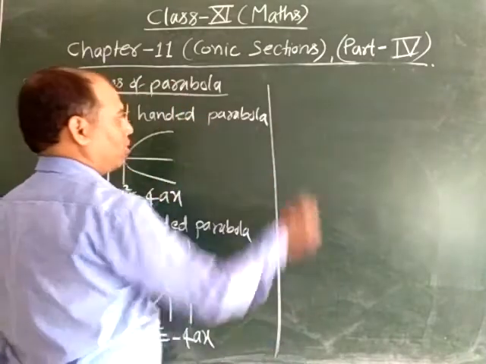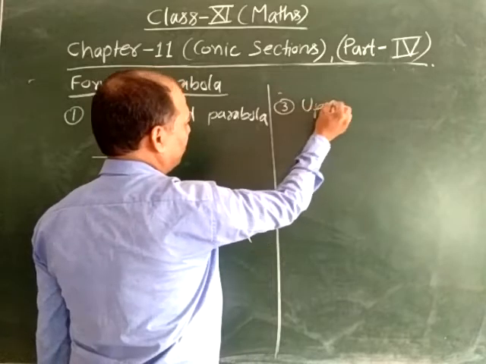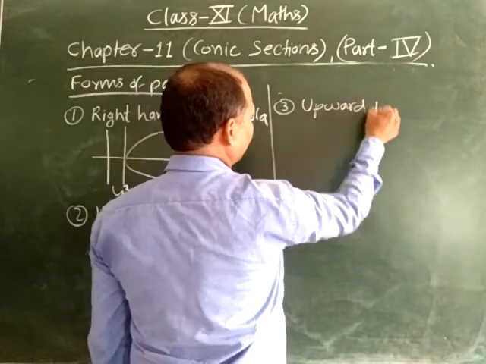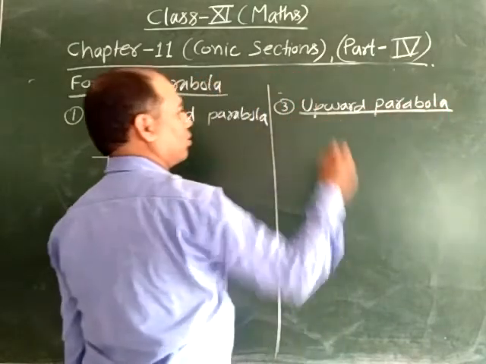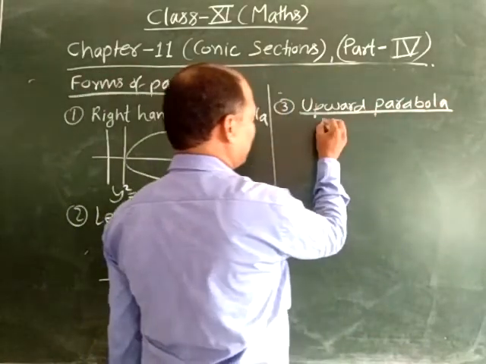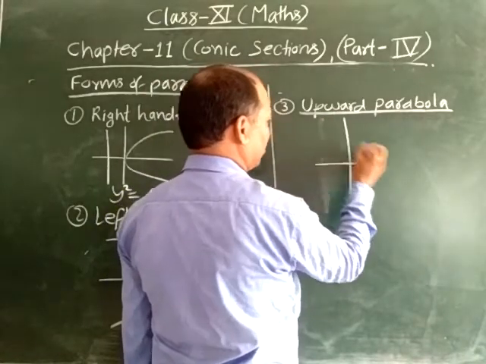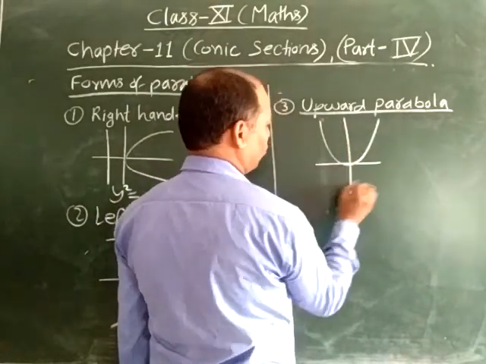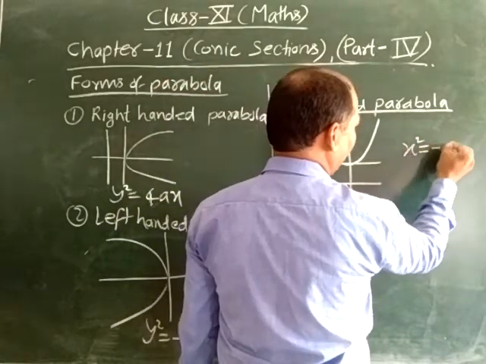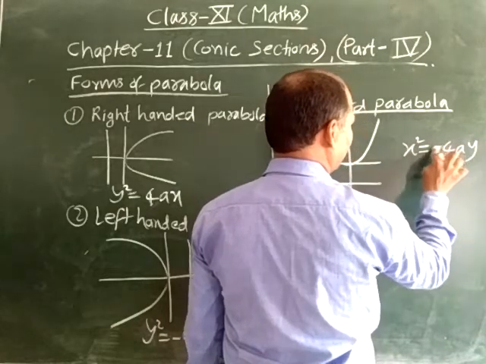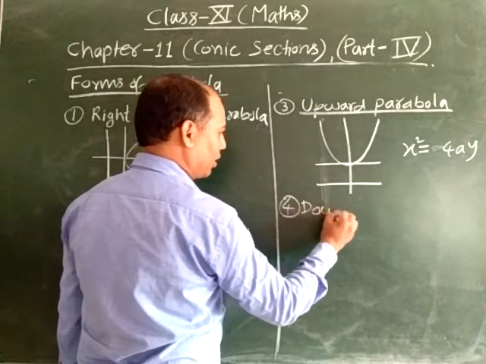Now there are 2 more forms. The third one is the upward parabola. The upward parabola is like this. This parabola is opening upward, and the equation is x square equal to plus 4ay. And the last one is the downward parabola.